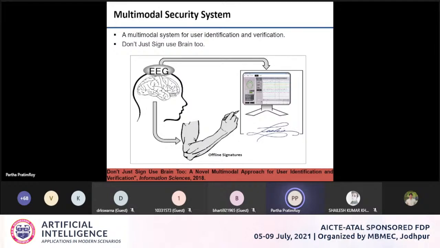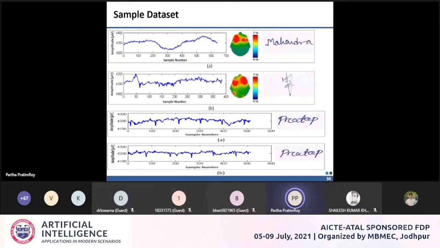Those muscle movements are directly connected to your neurons in the brain. So for these ascenders or descenders, there will be a change in the EEG signals. We can analyze those EEG signals, make some correlations, and then use these two modalities as multimodality for authentication purposes.